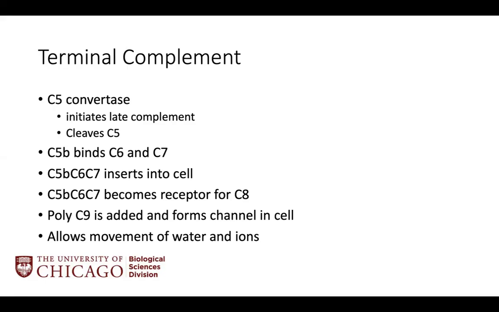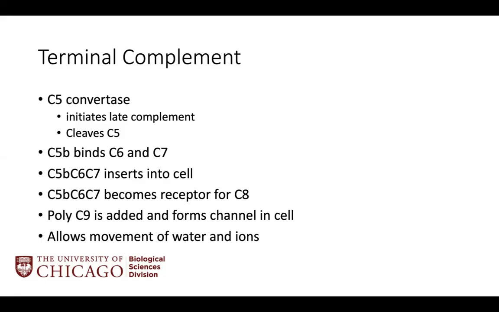So once you have a C5 convertase, of course, its job is going to be to cleave C5 to C5b. C5b will then bind to C6 and C7, and then that C5b, C6, C7 complex will insert itself into a cell and become a receptor for C8, and then eventually many C9s are added on that complex to form a channel into the cell, or actually physically punch a hole into the cell.